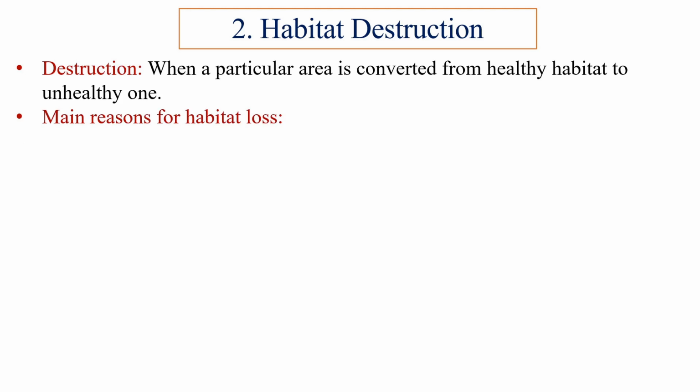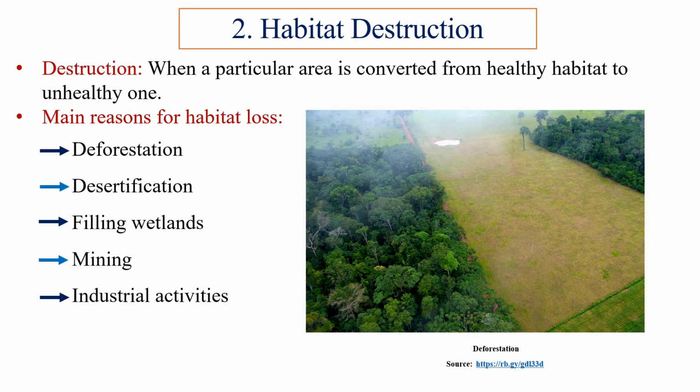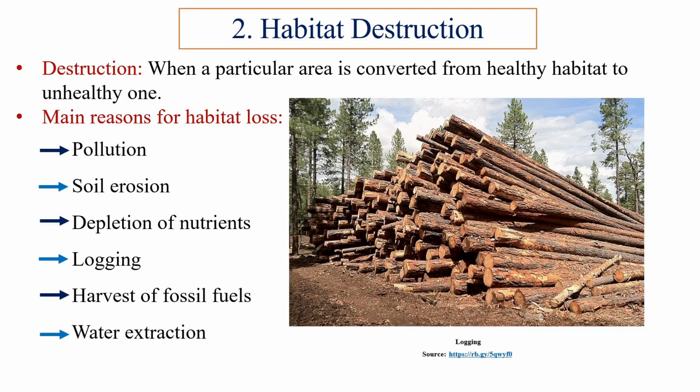The main reasons for habitat loss include deforestation, desertification, filling of wetlands, mining, industrial activities, pollution, soil erosion, depletion of nutrients, logging, harvest of fossil fuels, water extraction, etc. Habitat destruction eventually results in the extinction of species, therefore, loss of biodiversity.